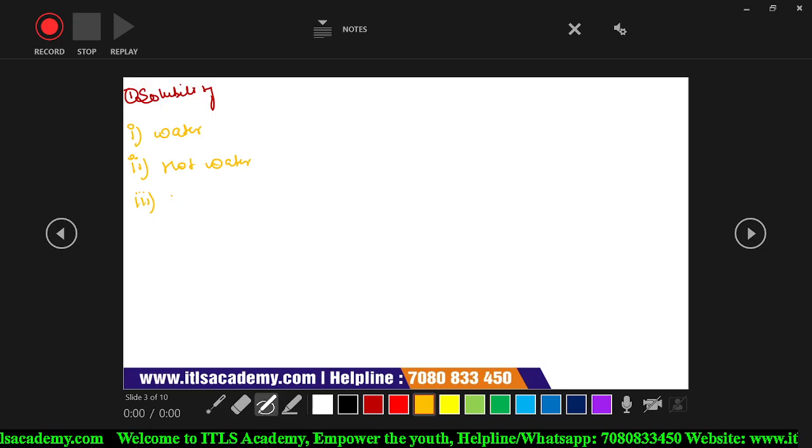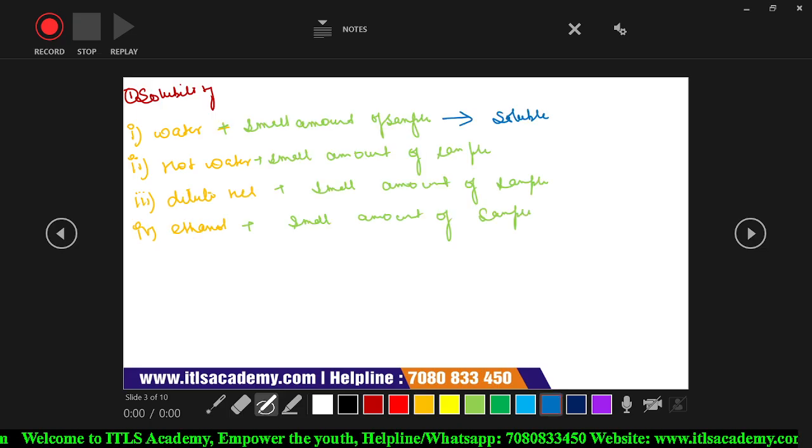and dissolve it in normal water, and we see that it is soluble, meaning the sample is soluble in normal water. Again, we take a sample and dissolve it in hot water and see that it is soluble. Then we take a sample and dissolve it in dilute HCl and we see that it is soluble.